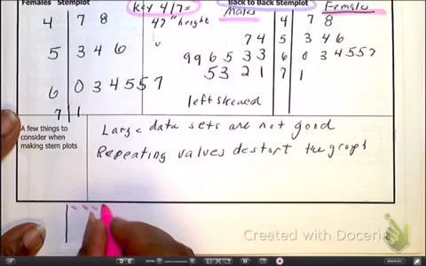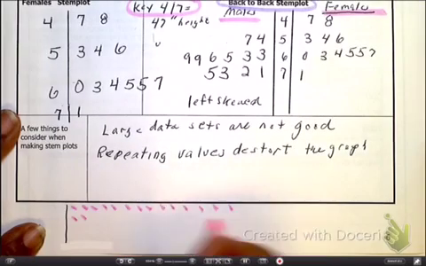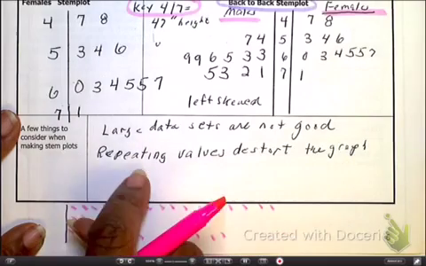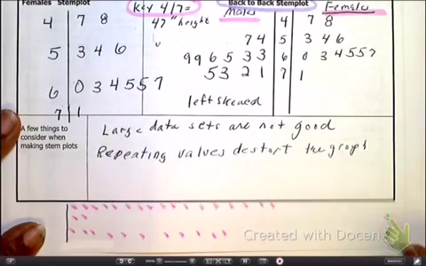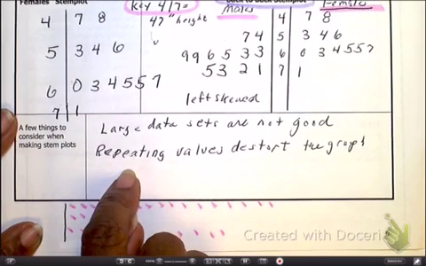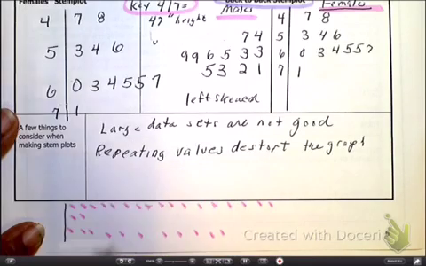You can have large data sets like this, and exactly what is that going to really tell you? You know what I mean? So in a case like that, you might have to split it, which I'll show you in a couple seconds. Repeating the values also distorts the graph.